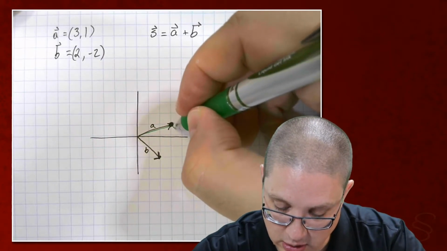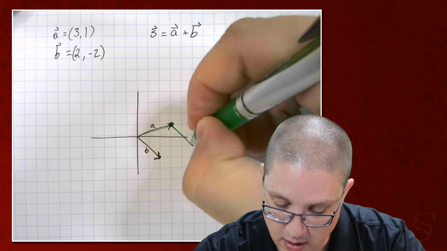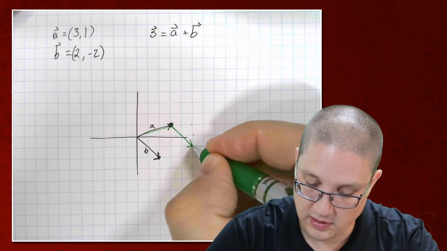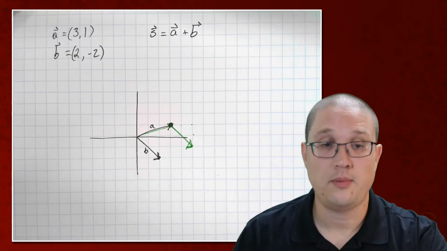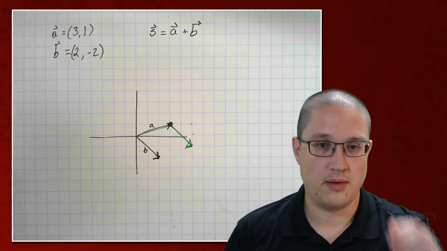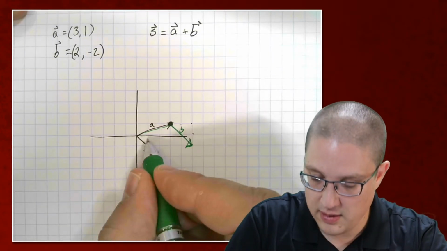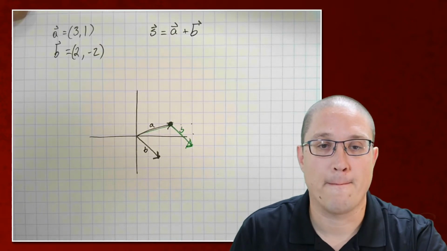So I can draw vector B right here, like that. So there's my vector B at the end of vector A.